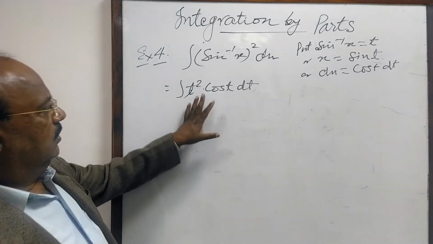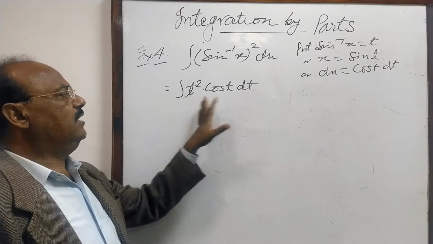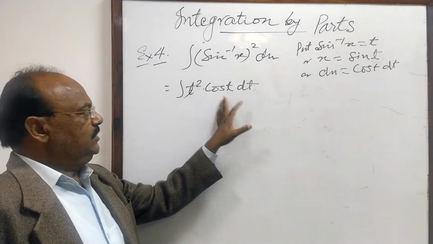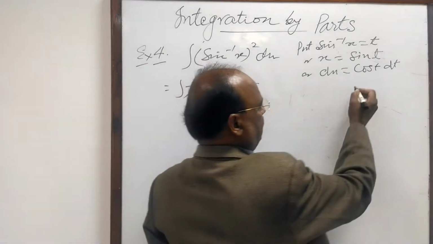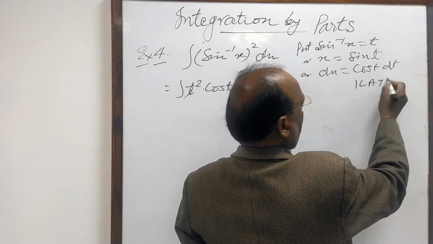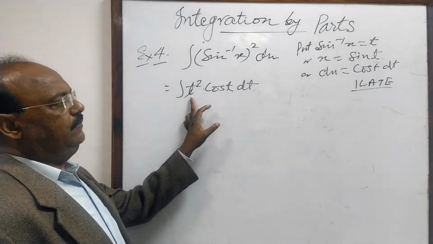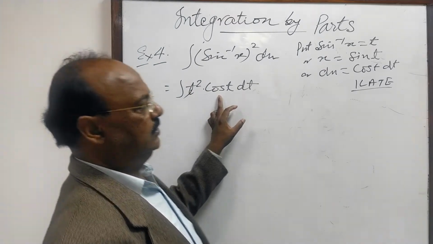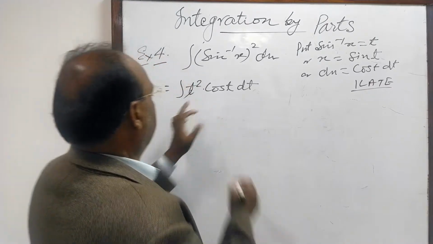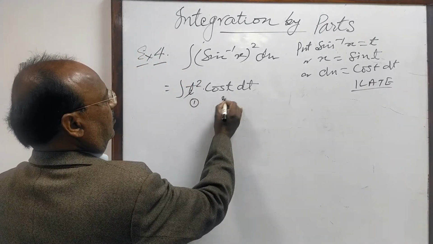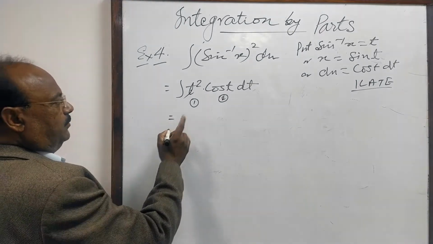Now we find here a product of two functions. One is t square, another is cos t. Which one should we take as the first function? As per this rule, ILATE, this is an algebraic function and this is a trigonometric function. So the algebraic function, t square, will be the first function and cos t is the second function. Now expand it with the help of the formula.